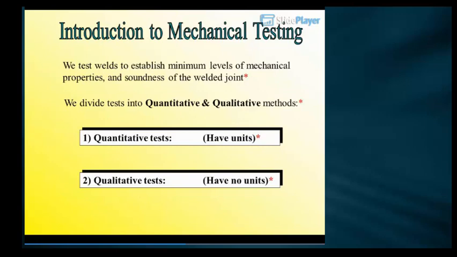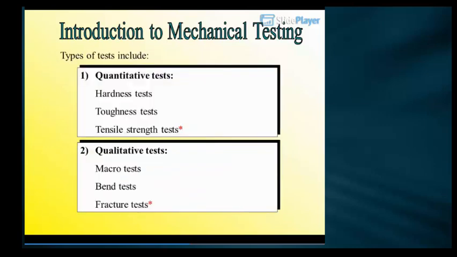Introduction to mechanical testing. We test welds to establish minimum levels of mechanical properties and soundness of the welded joint. We divide tests into quantitative and qualitative methods. 1. Quantitative tests have units. 2. Qualitative tests have no units.